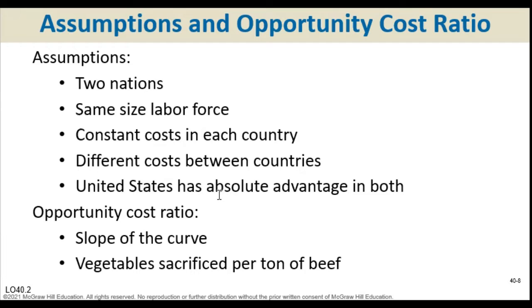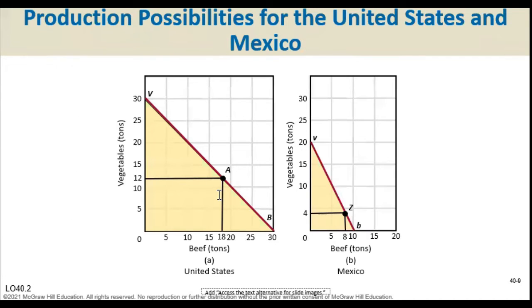Okay, so if you look at the two production possibility curves, they illustrate the relationship between vegetable and beef, right? The one for the United States, which has a bigger economy, and the one on your right is for Mexico.